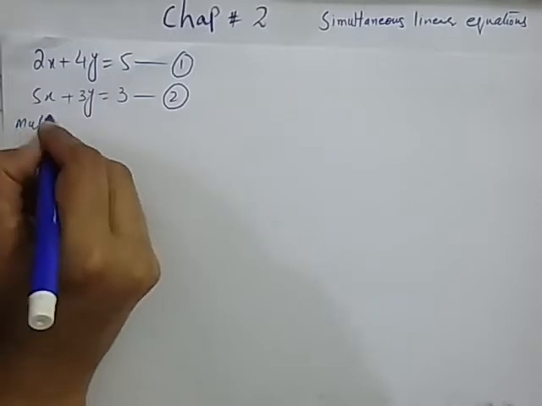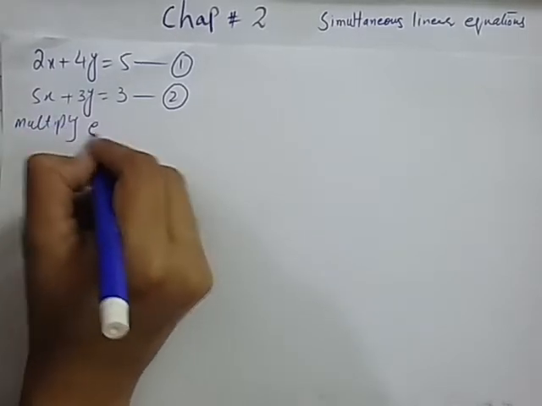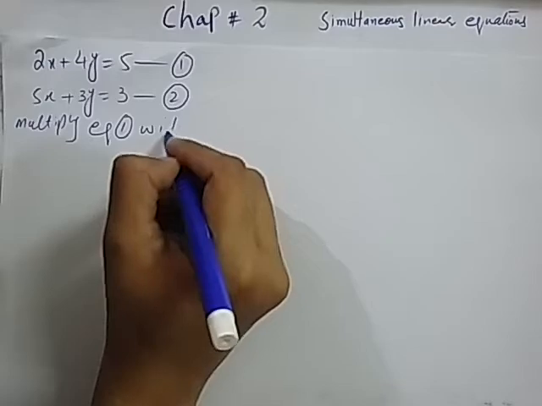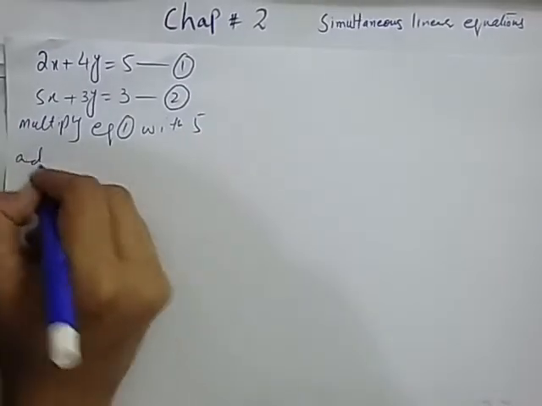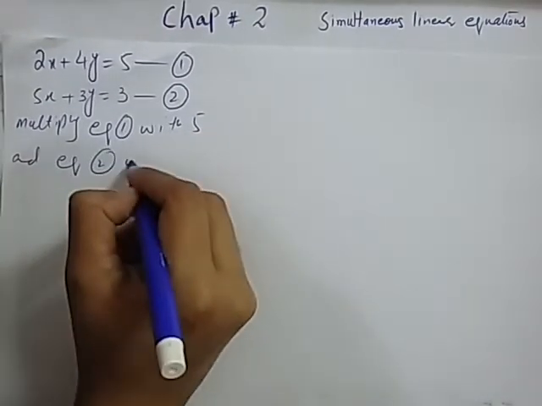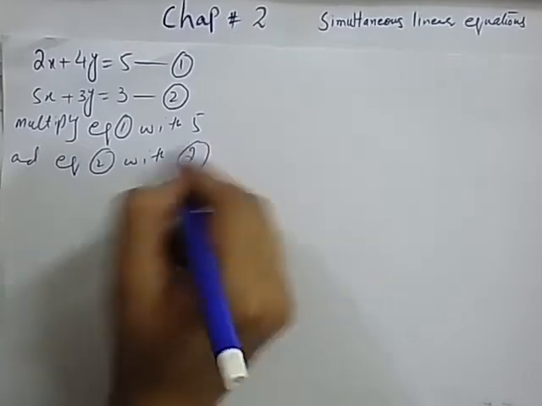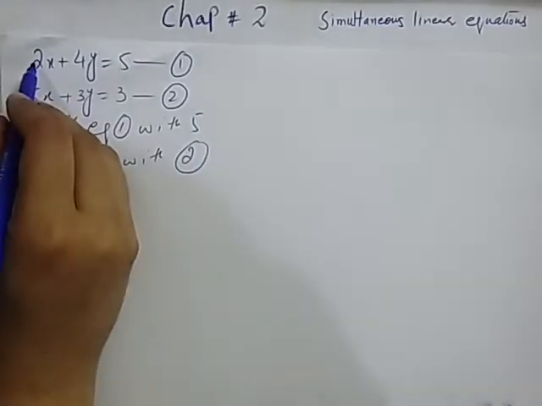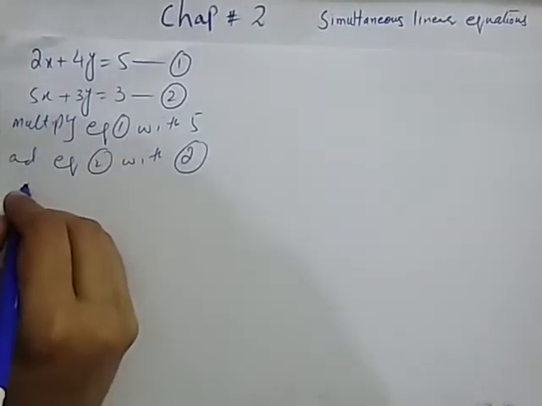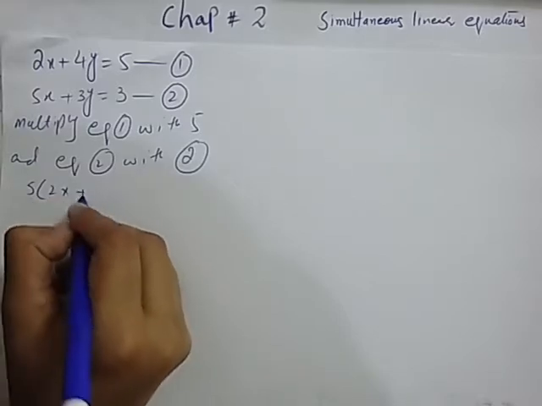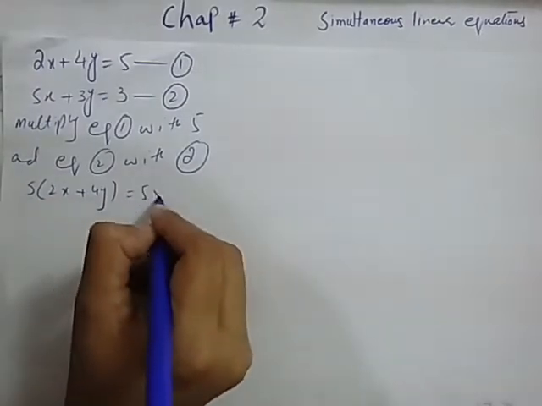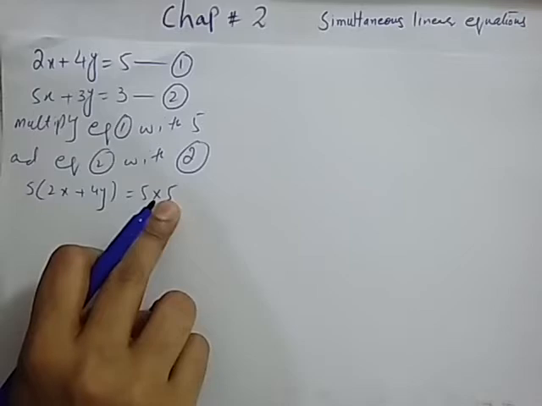So multiply equation 1 with 5 and equation 2 with 2. Equation 1 with 5: 5 will be written outside the bracket and both sides of the equation are to be multiplied with 5.